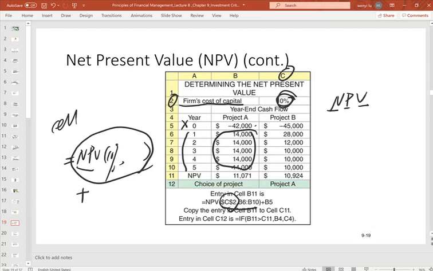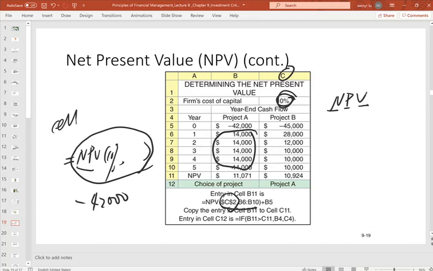But this is already negative, so we add the outflow at time 0 by plus B5, which is minus 42,000. That's how you solve the NPV for project A.